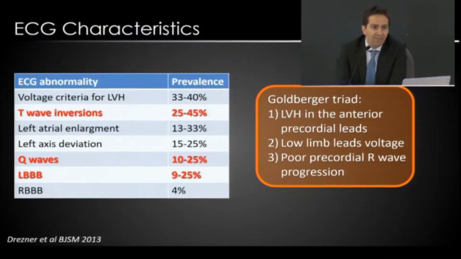Some electrocardiographic findings that have been proposed are the so-called Goldberger triad, a combination of 3 different findings. One is LVH, so LV hypertrophy in the anterior precordial leads, associated with low voltages on limb leads, and the third one is poor precordial R-wave progression.